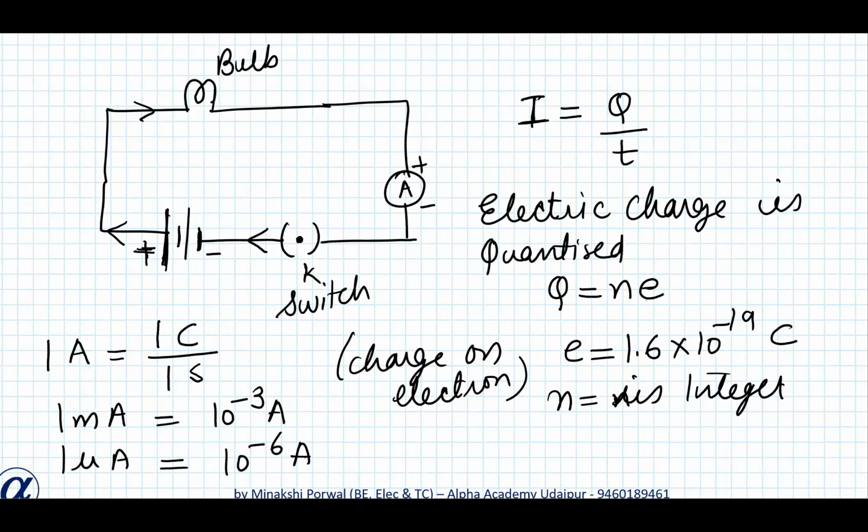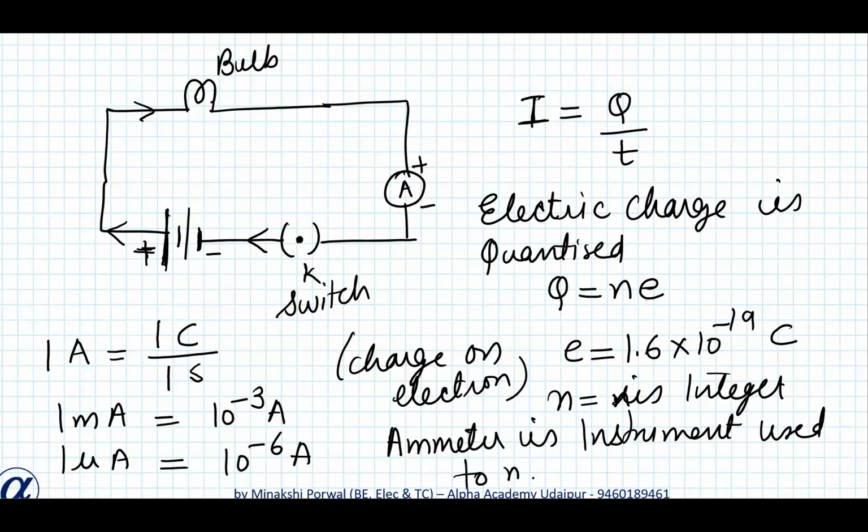Now, the instrument which is used to measure current is the ammeter. How is the ammeter connected in the circuit?